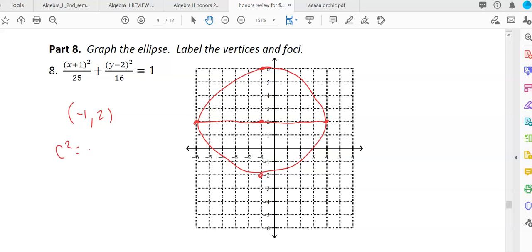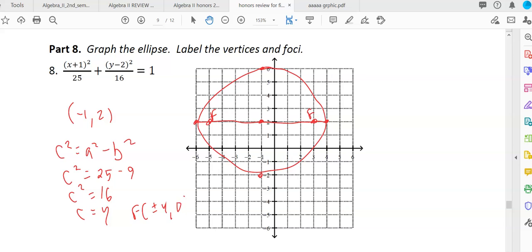So a distance of c units away. So c squared equals a squared minus b squared, I think. Hopefully I'm getting that right. So c squared equals 25 minus 9, which is 16. So c equals 4, so I'm going to go 4 to the right, 4 to the left, to make my focus points. The foci would be at plus or minus 4, comma 0.